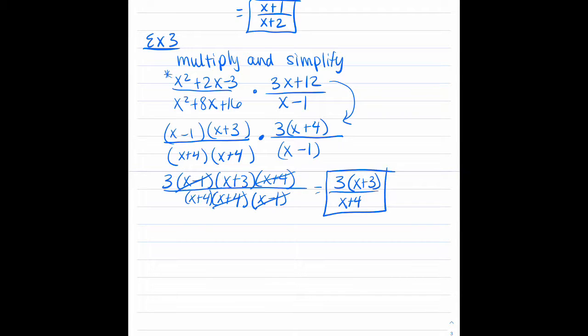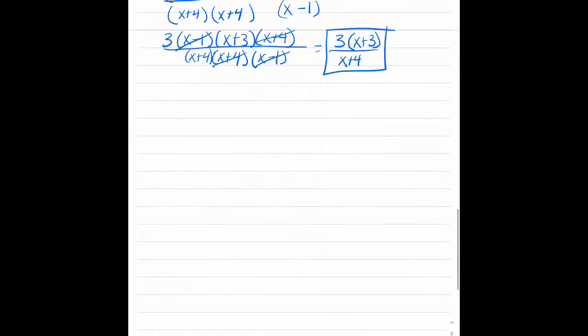All right, the next example is divide and simplify. So this one is dividing, using that dividing property that we said.